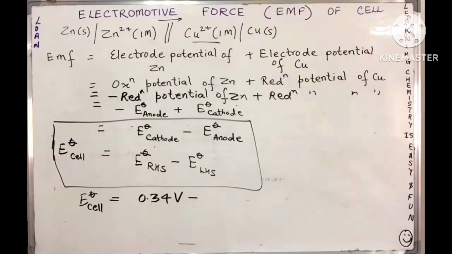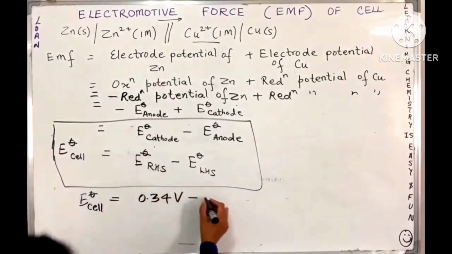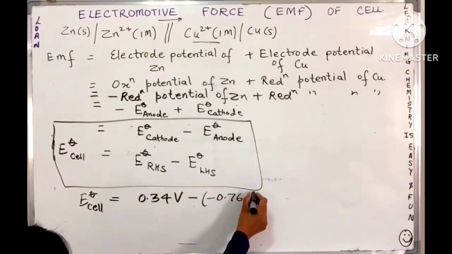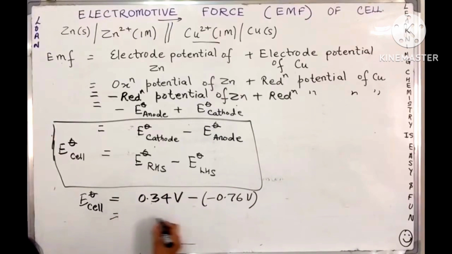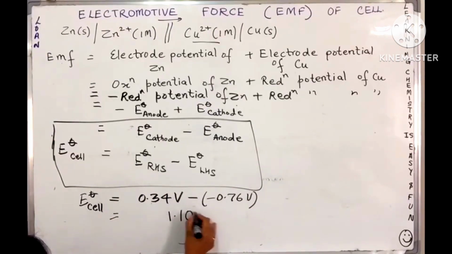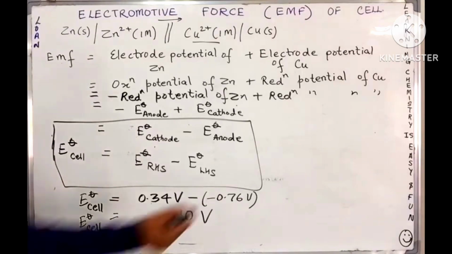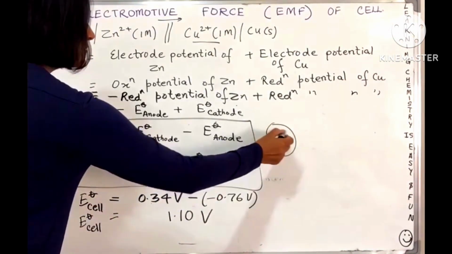So what is the reduction potential for zinc? Super. So you have negative 0.76 volts. Add up the two, what do we get? 1.10 volt, which matches with our observed value of the EMF of this cell, right? Do I get to see a smile on your face?